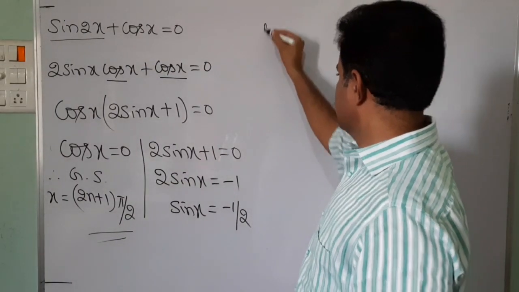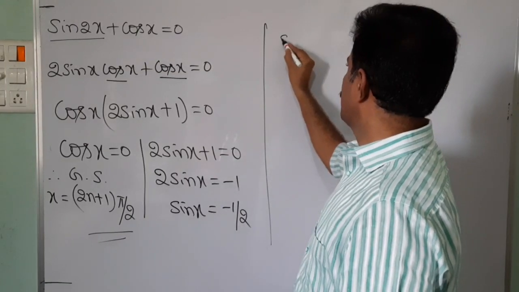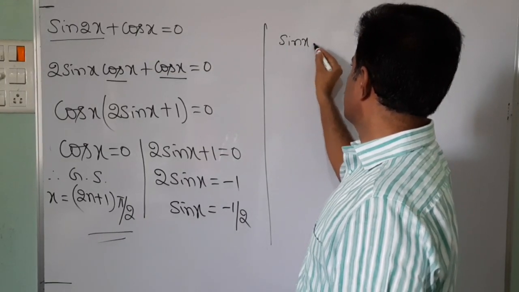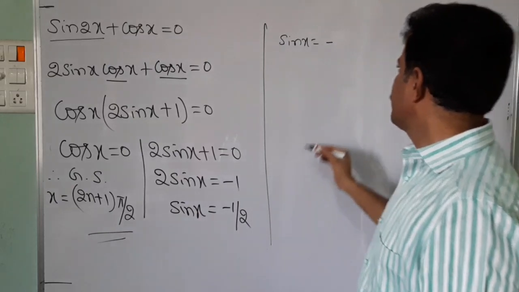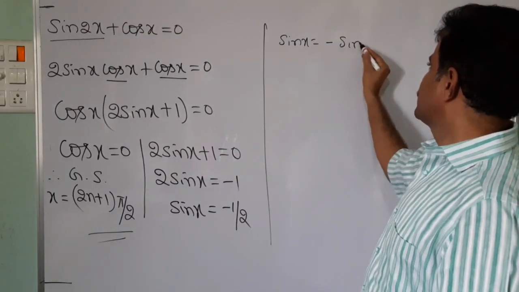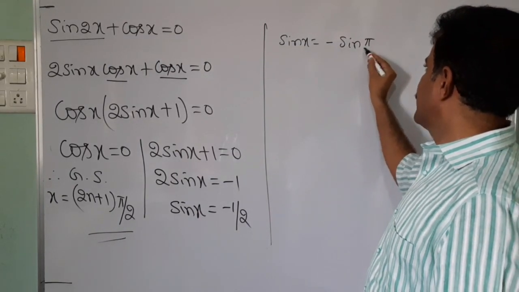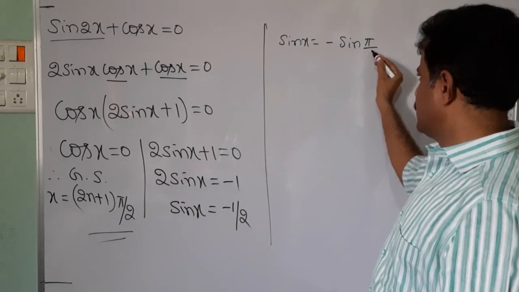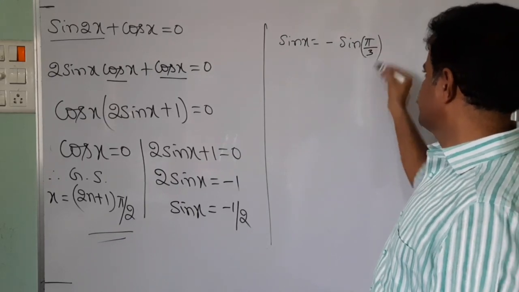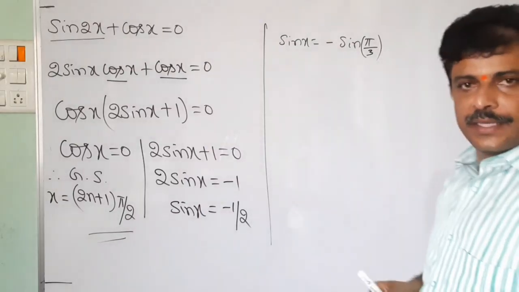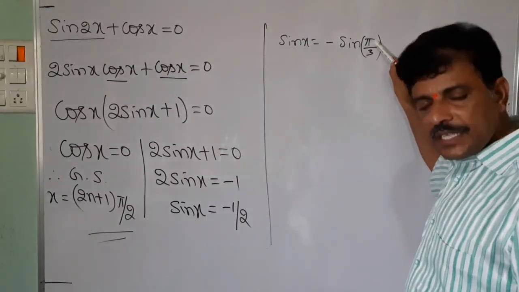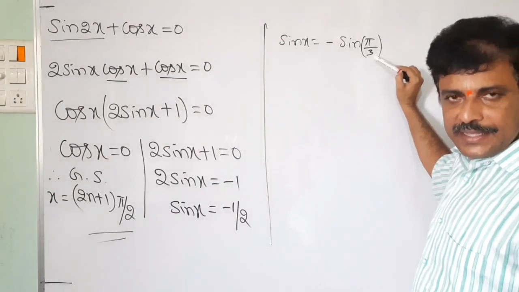Next, sin x is equal to minus 1 by 2 can be written as sin of pi divided by 3? Since pi is equal to 180 degrees, 180 by 3 is 60.